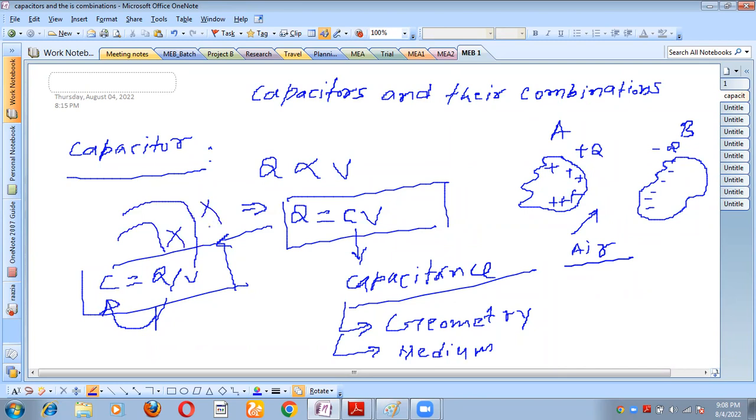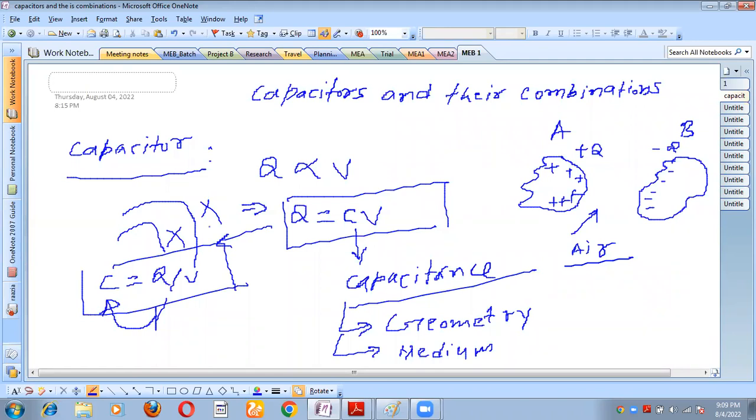If you are changing the potential, that will be changed due to the charge of the conductors. So the ratio will remain the same. Getting my point? So increasing or decreasing a charge cannot change capacitance. Understood? Yes, sir.